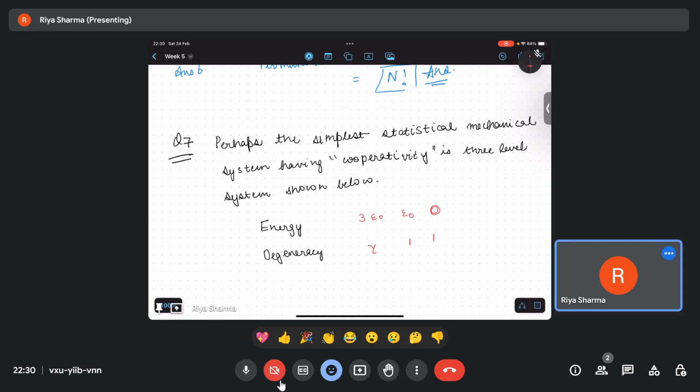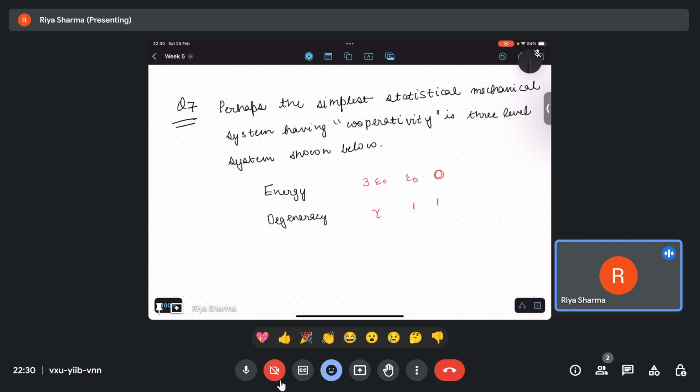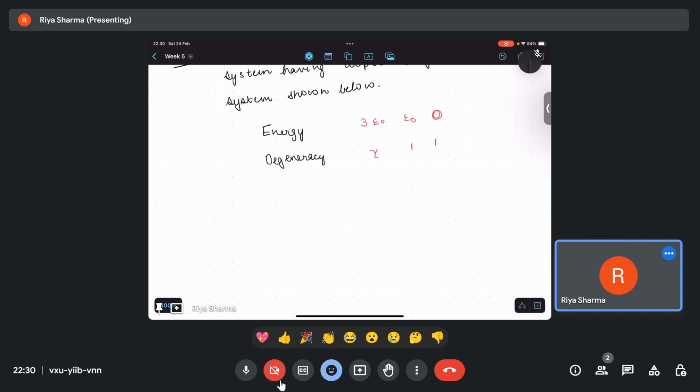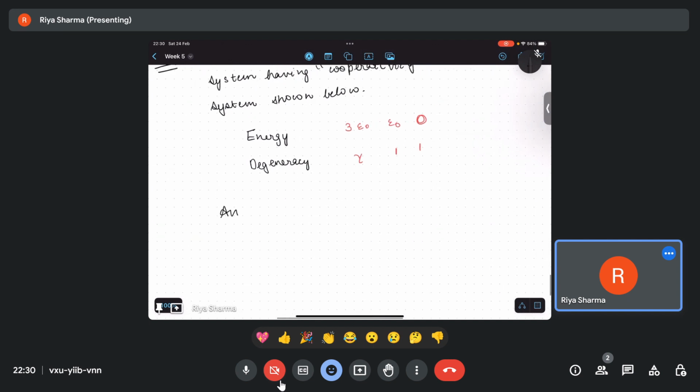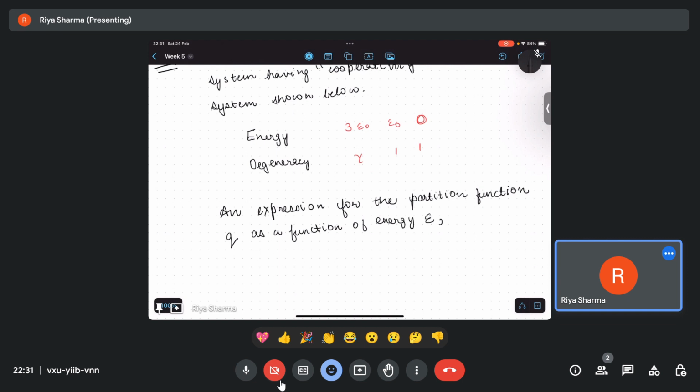So the question they have asked is this: an expression for the partition function q as a function of energy epsilon, degeneracy gamma, and temperature T is.